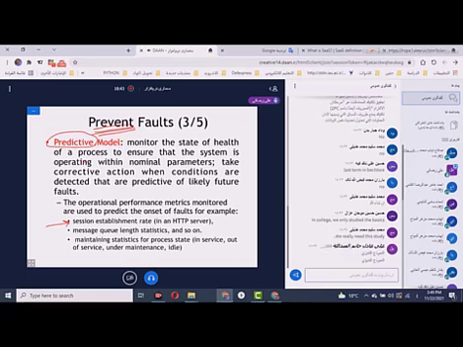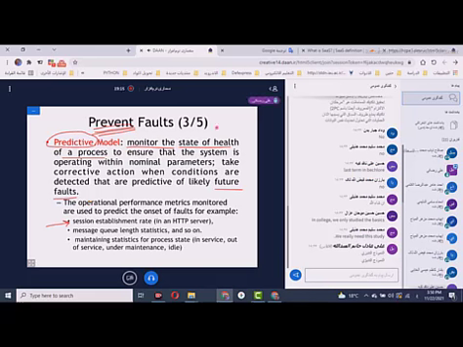So I monitor the state of health of a process, which in this case is the server, and if there should be any corrective acts, I will do them to prevent system failure. So we're talking about future faults.